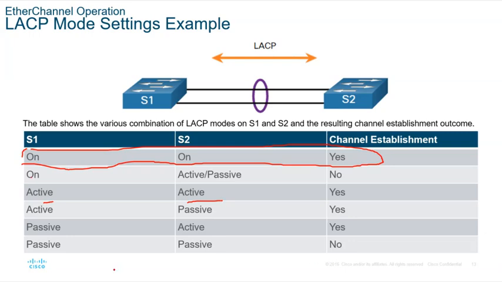So we can have active and passive, then passive and active, but passive and passive, no way. Another thing, the passive here is just to receive the initiation from the active side, or from the active end.